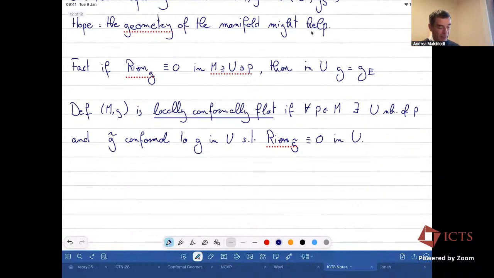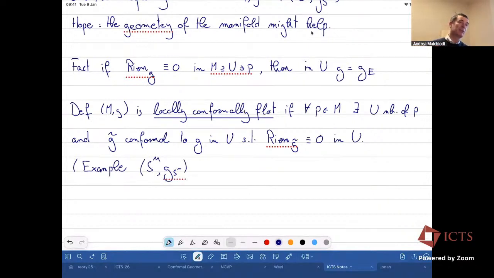One example is S^n. If you take S^n with a round metric, this is true because we saw by the stereographic projection that the round metric is conformal to the Euclidean metric.